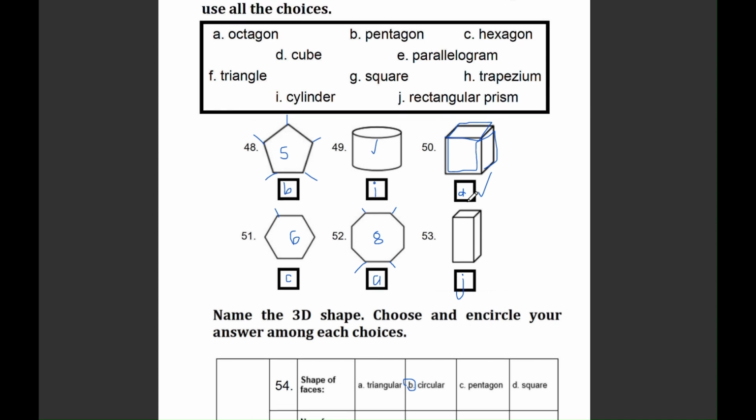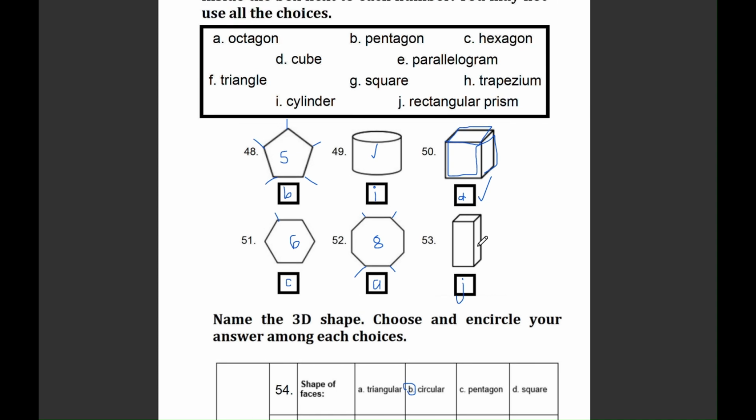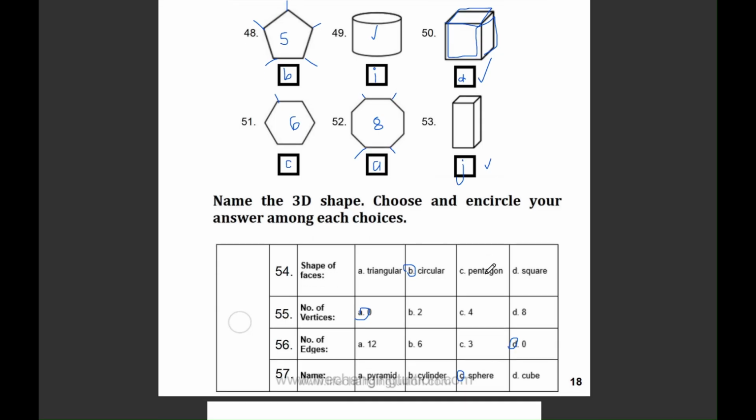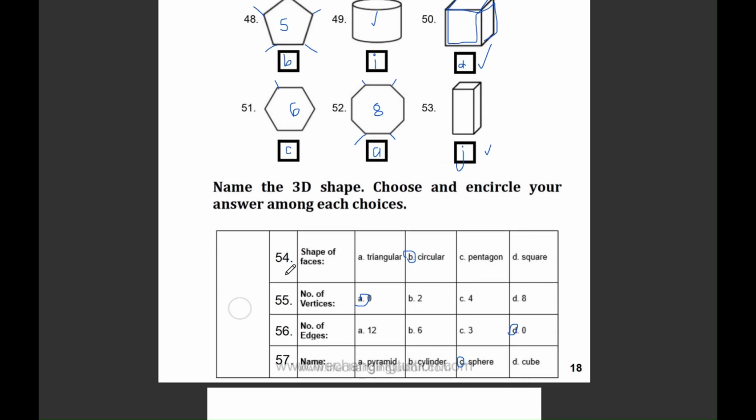Identify the solid. Tall rectangular box. Answer: J, rectangular prism. Reason: 6 rectangular faces. Number 54. Shape of the faces of the shown solid. Sphere.